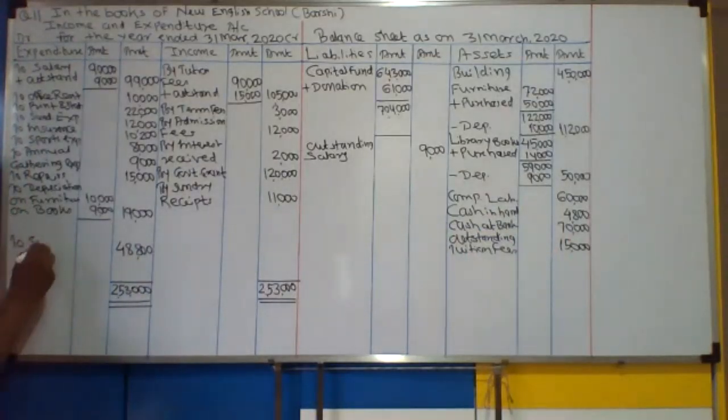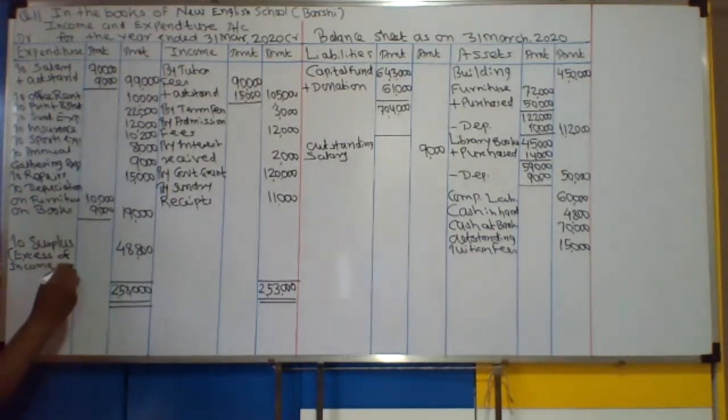This is surplus. Surplus ला अजून काय म्हणतात? It is called as a excess of income over expenditure. Excess of income over expenditure.